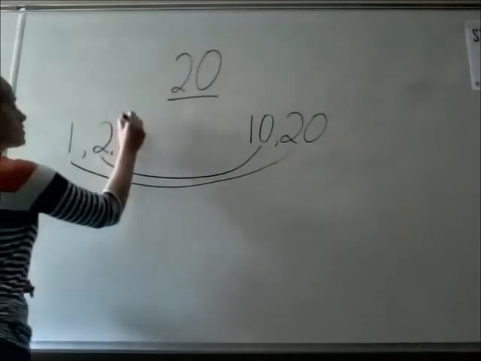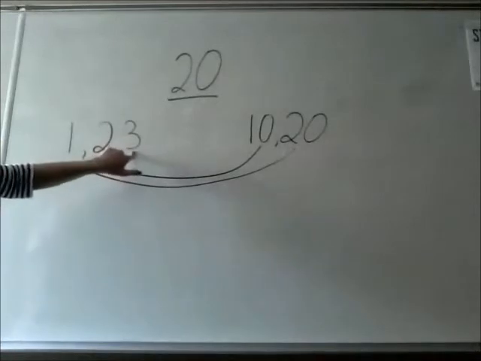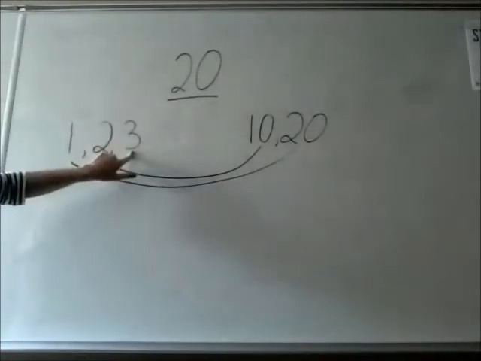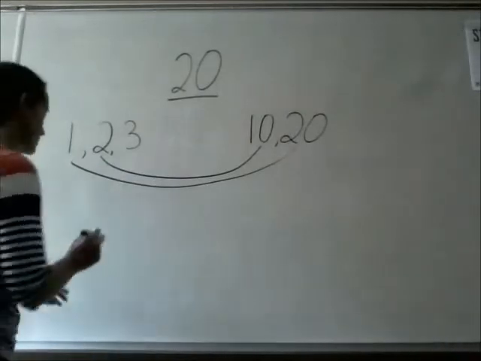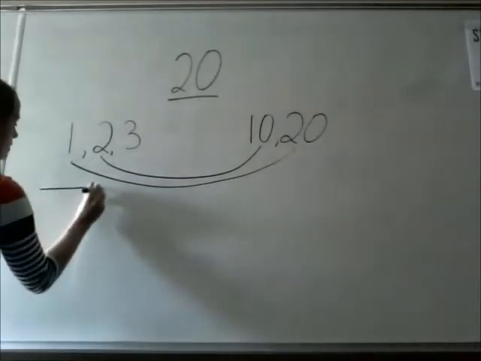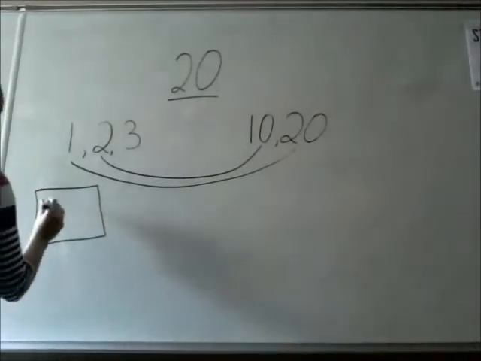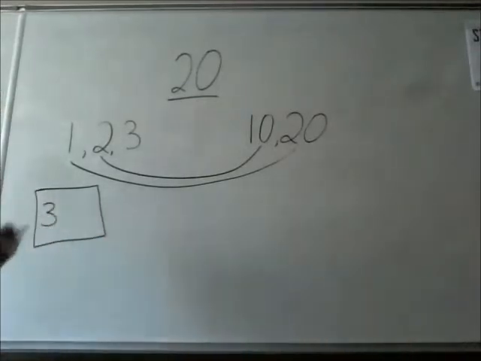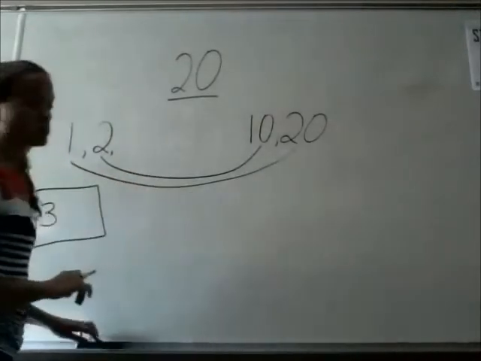Now we're going to jump to 3 because 3 comes after 2. Can 20 be divided by 3? It cannot. So I'm going to make a box down here of numbers that do not work. I'm going to put 3. So then I know that I've done it, but that it is not a factor pair.